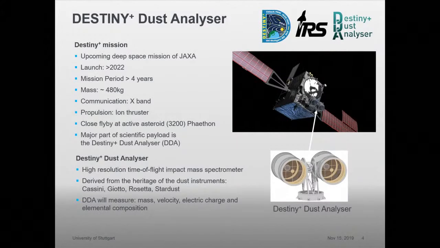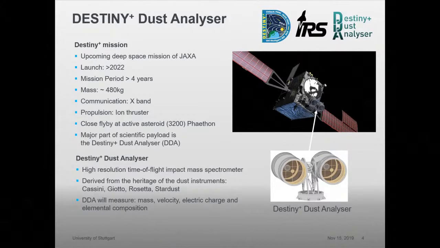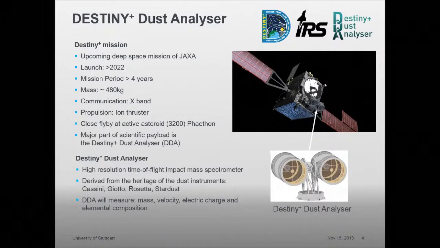So the Destiny Plus mission is an upcoming deep space mission. The plan is to launch it in 2022. Mission period is a minimum of 4 years. And it has an ion thruster as a propulsion. And the goal is to do a close flyby at the active asteroid Phaethon.